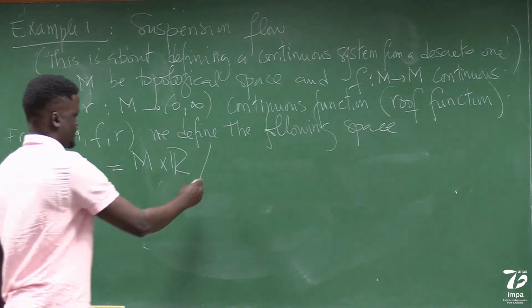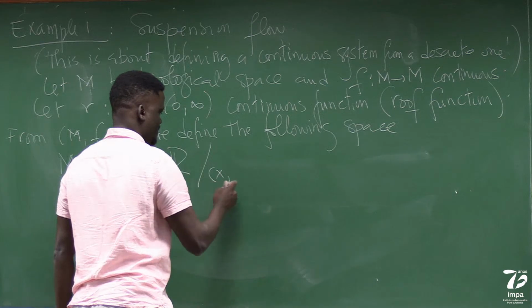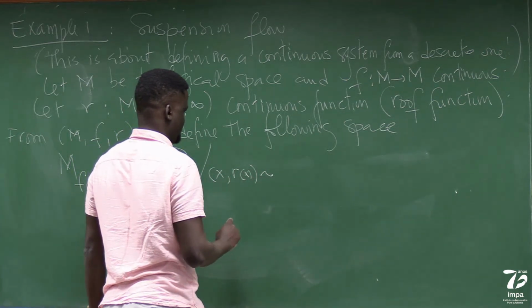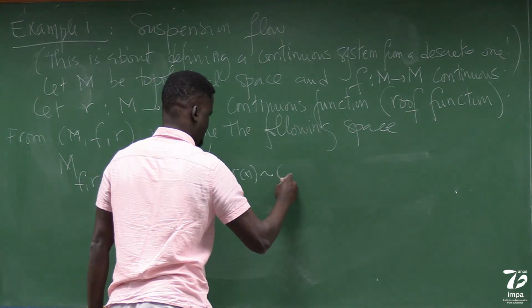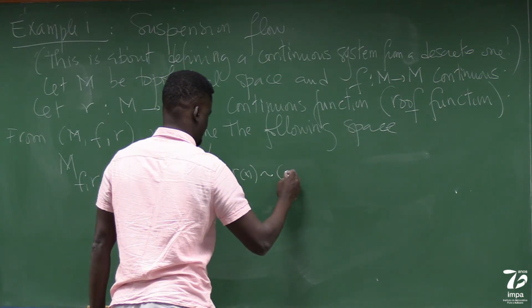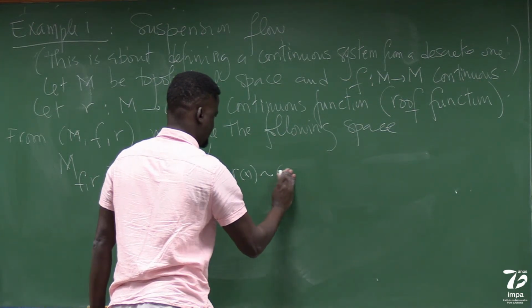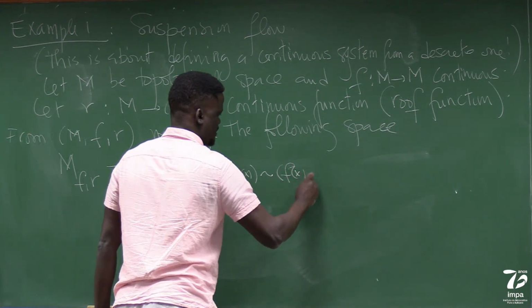So (x, r(x)) is identified with (f(x), 0).